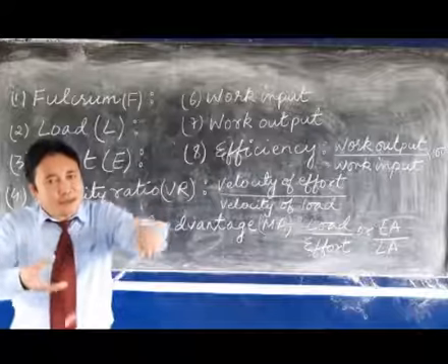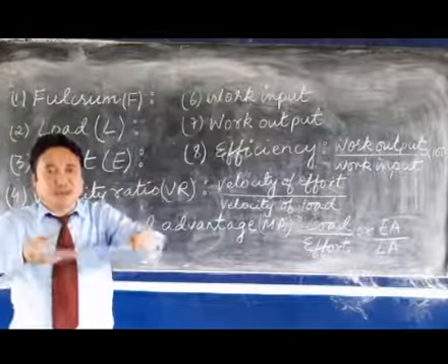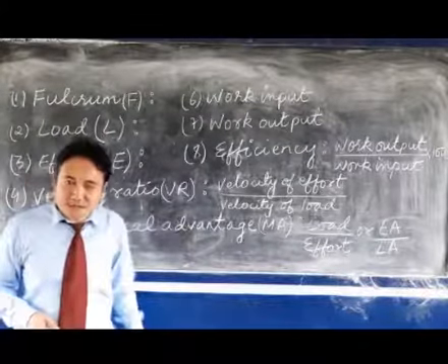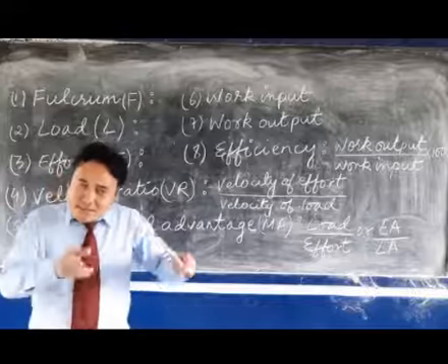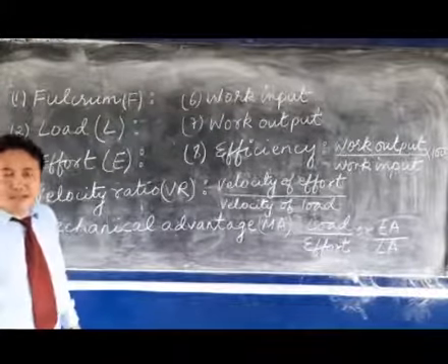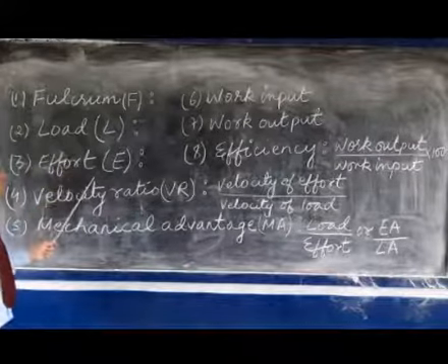When you apply the effort on the scissor, the blade of the scissor will start moving. And when it starts moving, the paper or a cloth will be cut. So that means that paper or a cloth is considered as a load. So from here, load and the effort.